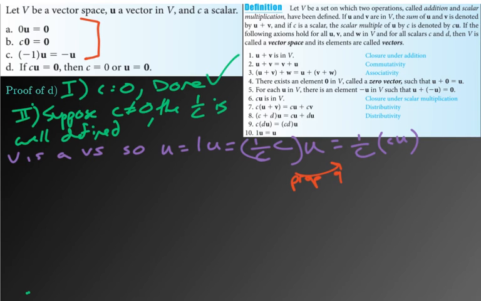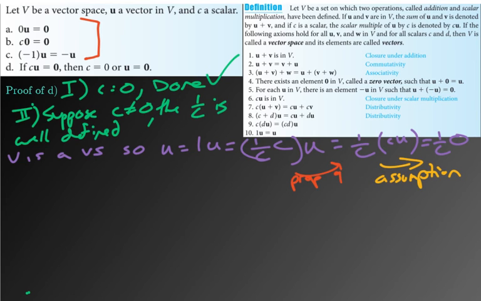And I know that what I have here is that CU equals 0. So really, this is 1 over C times the 0 vector, by basically our assumption.